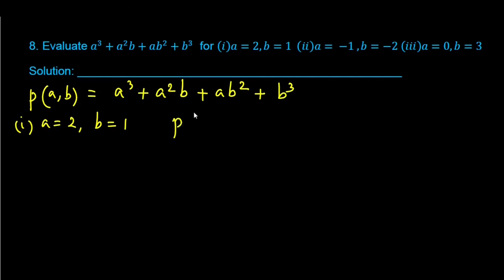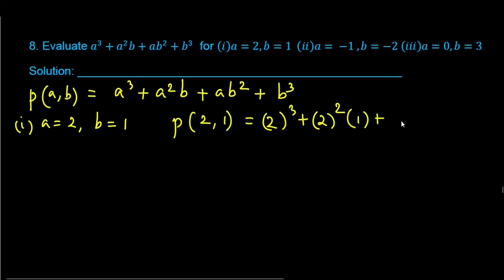Then p of 2, 1, a equal to 2, b equal to 1 is equal to a cubed. A here is 2. So 2 cubed plus a square means 2 square into b. B is 1 plus here a value is 2.